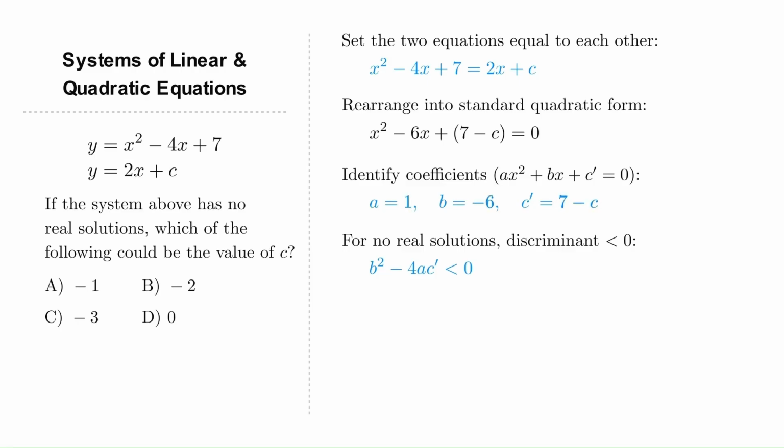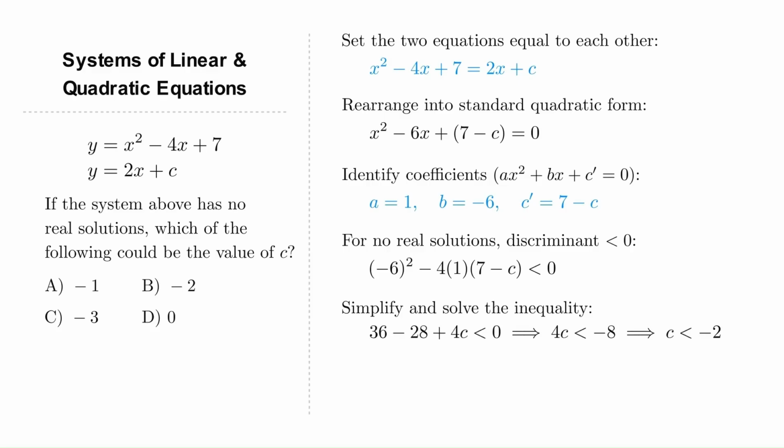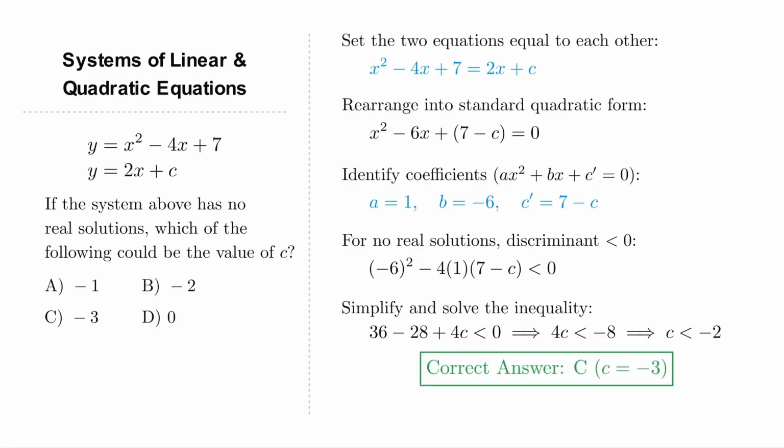Substituting our coefficients into the discriminant formula, we set up an inequality which will help us find the missing coefficient c. We simplify and solve for c by expanding, simplifying like terms and dividing both sides by 4. We find that c must be strictly less than -2. Looking at our multiple choice options, -3 is the only value that is less than -2.